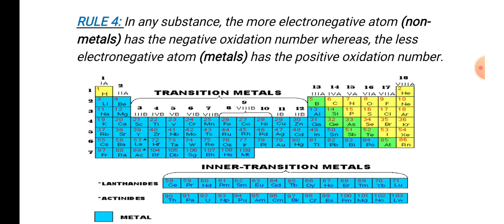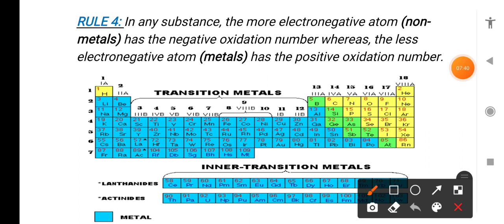Halogens have negative oxidation numbers of -1. These are the halogens in group 7 here: fluorine, chlorine, bromine, iodine. These are halogens, and their oxidation number is -1. They have a negative oxidation number.